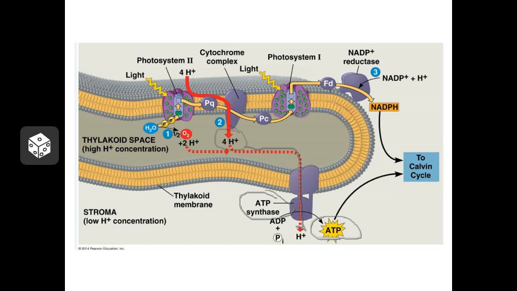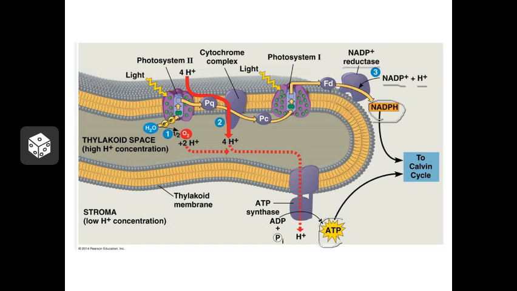Meanwhile, the electrons in photosystem 1 are going to get energized by the sun's energy again. They're going to flow into a second electron transport chain until they reach this enzyme, NADP plus reductase. That enzyme takes NADP plus and some hydrogen and those electrons and puts them together into NADPH.